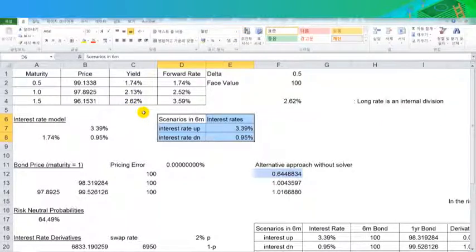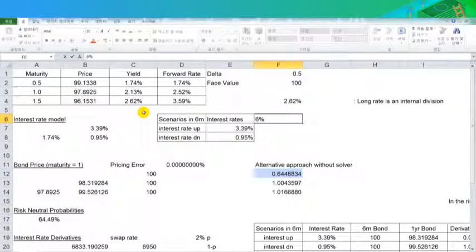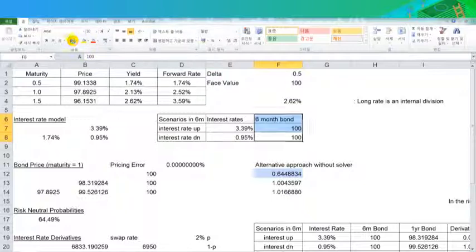To make a table, and then let's track the price of the 6 months bond. The price of the 6 months bond in 6 months later is always 100, 100 and 100. And then we have another bond, which is the 1 year bond.